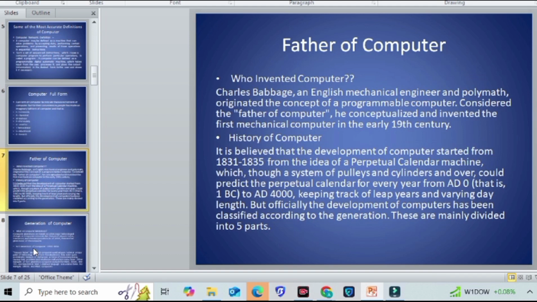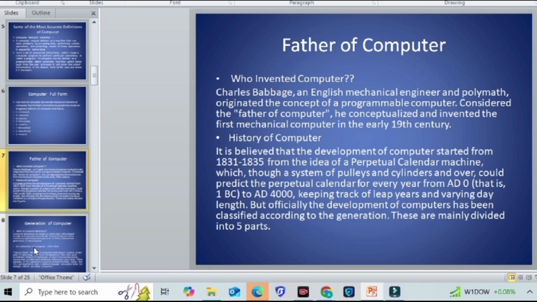Father of computer: who invented the computer? Charles Babbage, an English mechanical engineer and polymath, originated the concept of a programmable computer. Considered the father of the computer, he conceptualized and invented the first mechanical computer in the early 19th century.